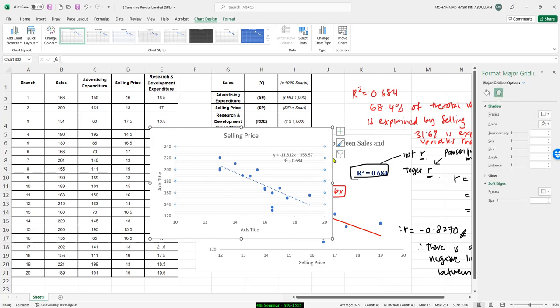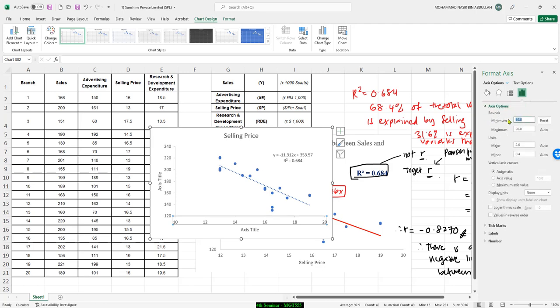And then, I do not like many lines here, so I am going to delete the line. Right, maybe this one I can extend a bit.